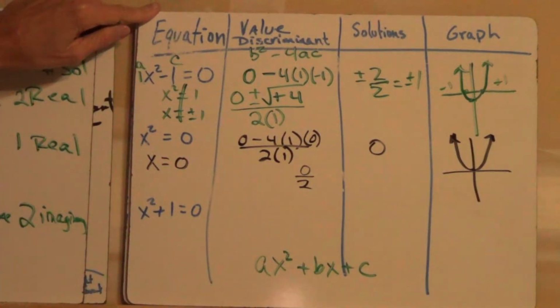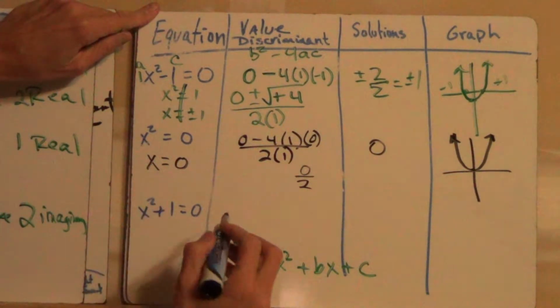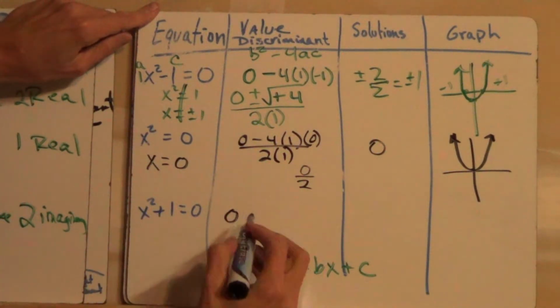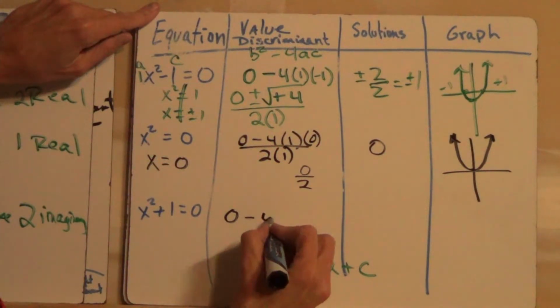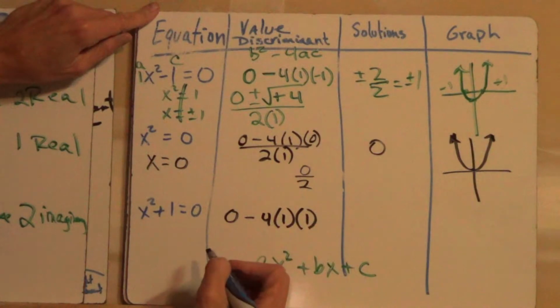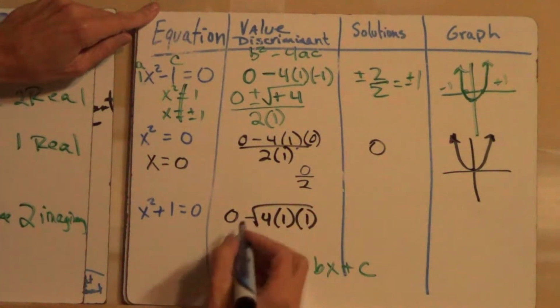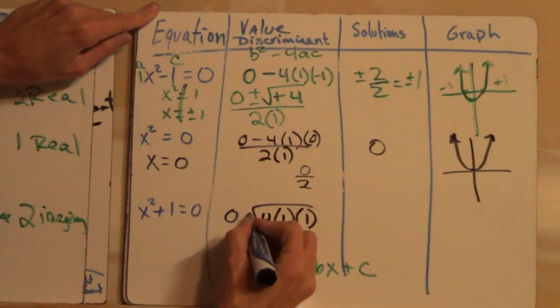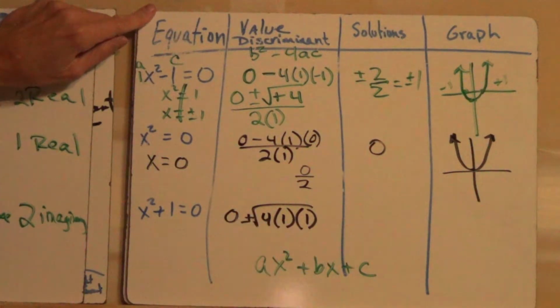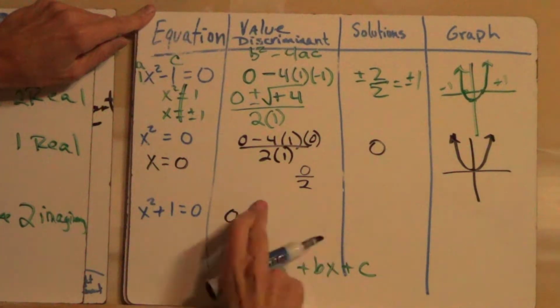Okay? Now let's get down to this one. Here my b value is still 0. Minus 4ac. Remember, I'm really just looking at the discriminant. I was doing the discriminant.